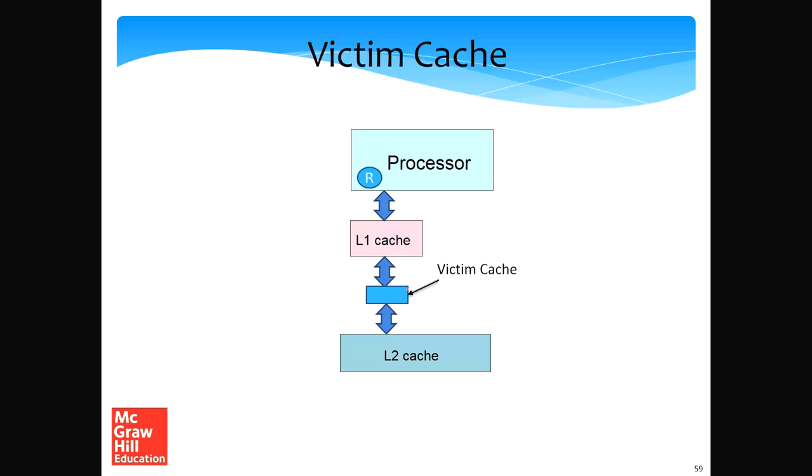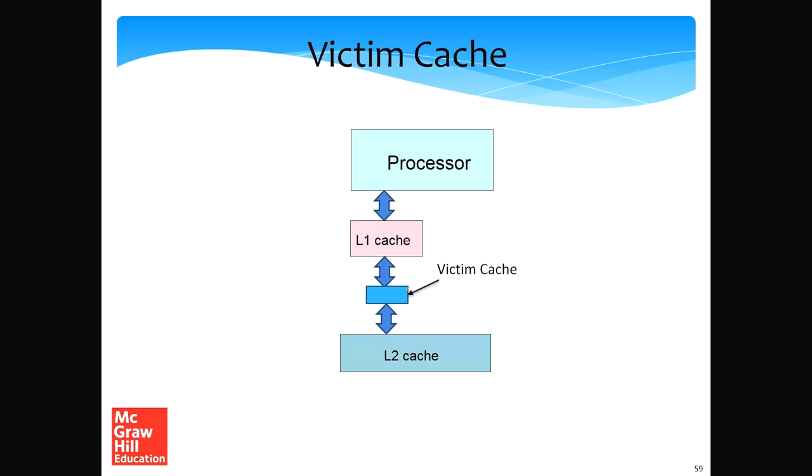In this case, we check in L1 and the victim in parallel, it doesn't matter. If we find it in the victim cache, we take it and give it to the processor. If we don't find the data in the L1 and the victim, then we need to go to the L2 cache and give it to the processor.